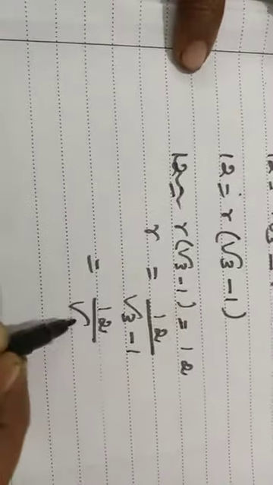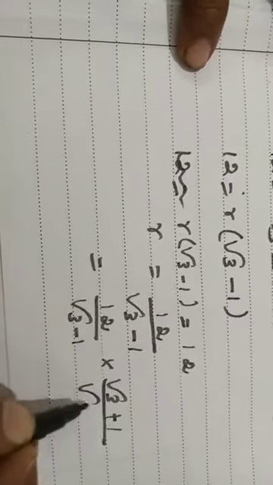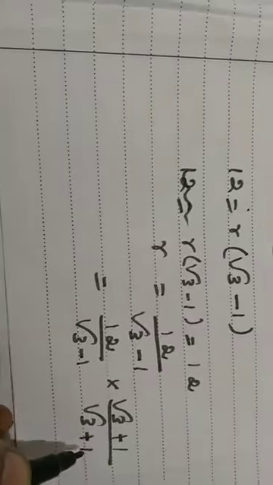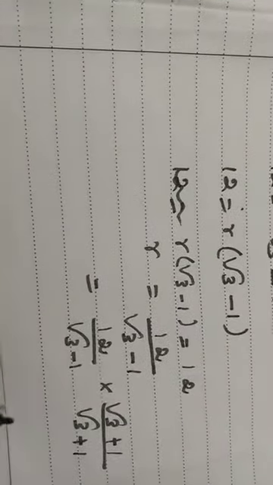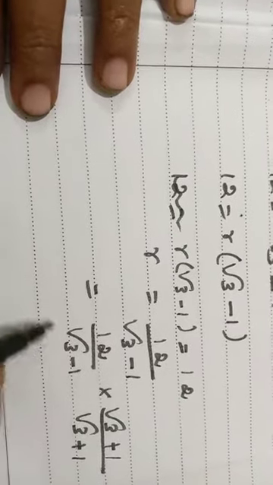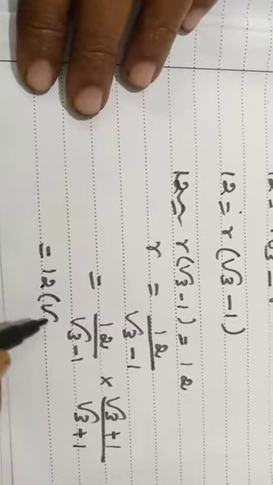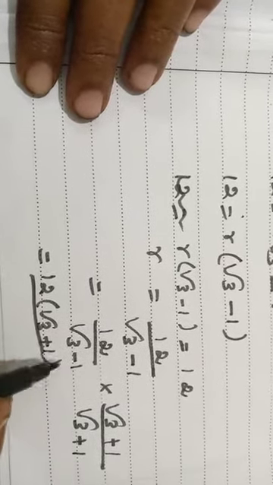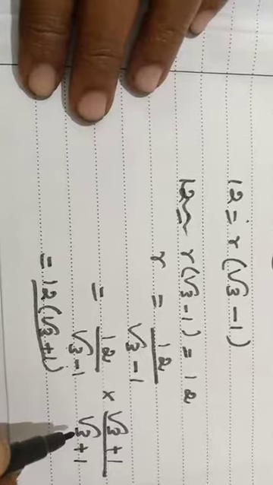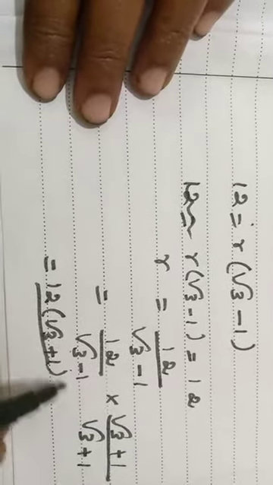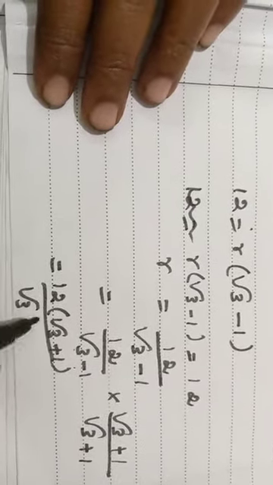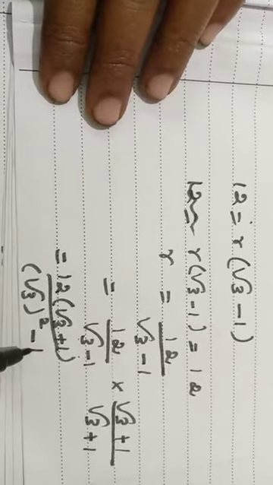Now let's use the conjugate of the denominator: 12 by root 3 minus 1 into root 3 plus 1 by root 3 plus 1. Now what can we do? Numerator into numerator, denominator into denominator: 12 into root 3 plus 1, by the denominator, a minus b into a plus b, which is a square minus b square, that is root 3 the whole square minus 1 square.